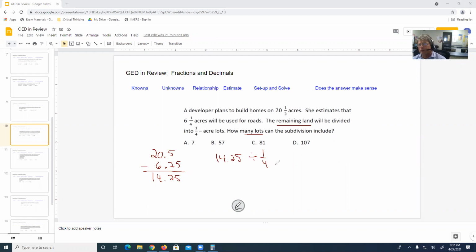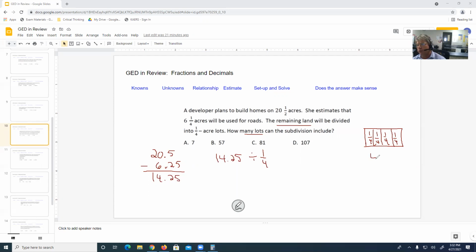Now remember, if I'm using some reasoning skills, if I represent this as an acre, 1/4 means to cut this into 4 equal increments. Each one of these is going to be 1/4. And what we pick up on is there are 4 1/4 lots in 1 acre.